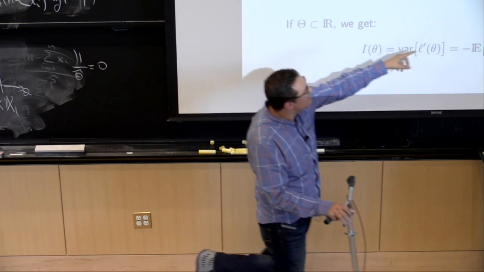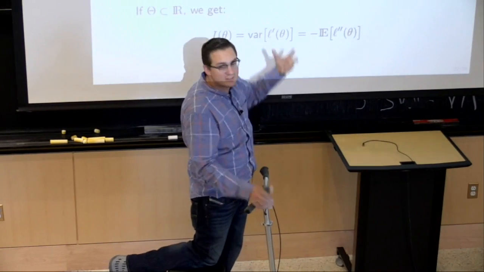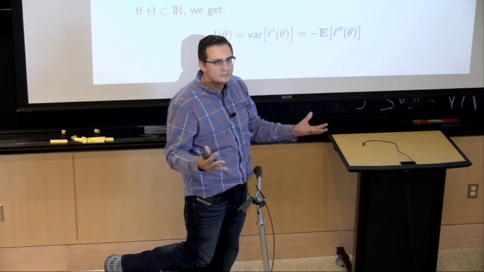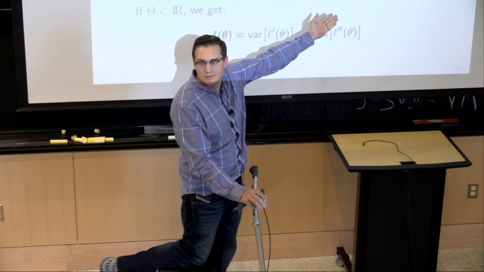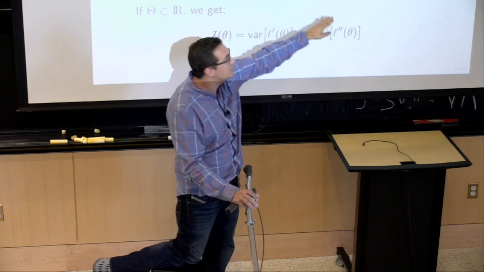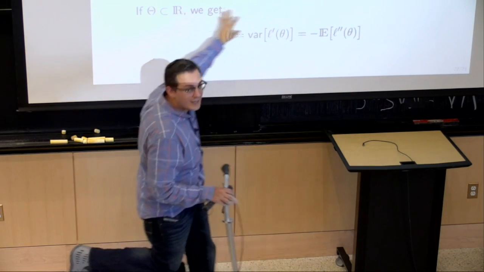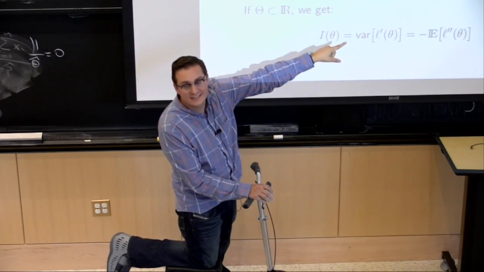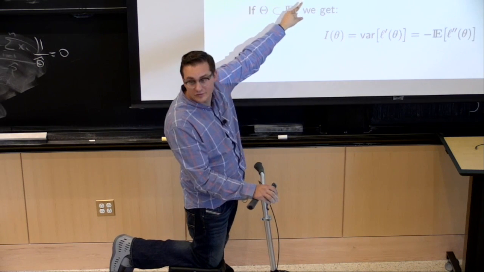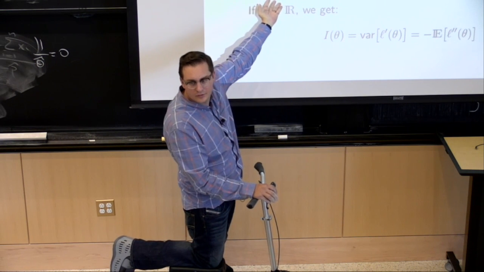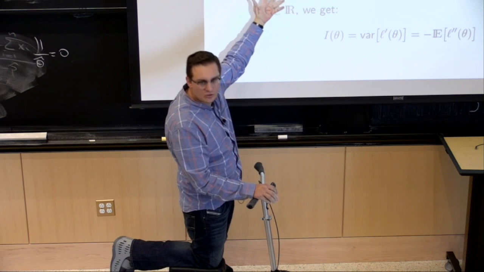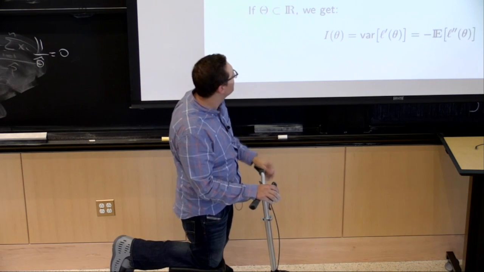And the technical conditions tell me that this guy, which depends only on the gradient, is actually equal to the negative expectation of the Hessian. So I can get a quantity that depends on the second derivatives using only first derivatives. But the expectation is going to play a role here, and the fact that it's a log, and lots of things actually show up here.